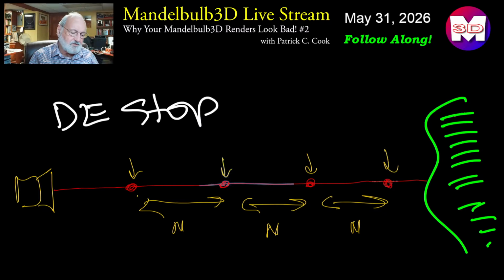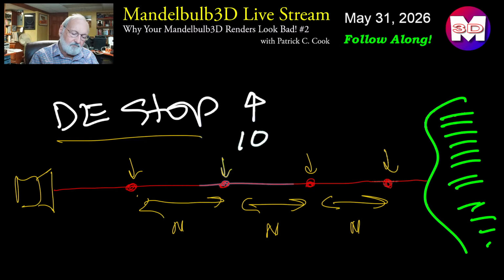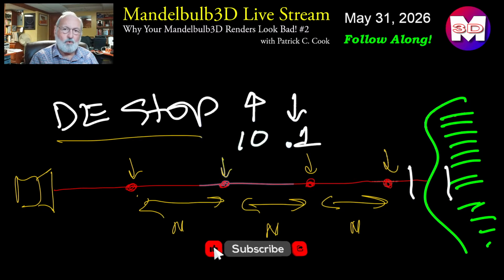Now, the DE stop, all right? What the DE stop is, it's referred to as a threshold. The whole idea is that a DE stop, let's say high, well, let's say 10, there's going to be a threshold that's wider than if the DE stop were lower, say 0.1, in which case the threshold would be much smaller.